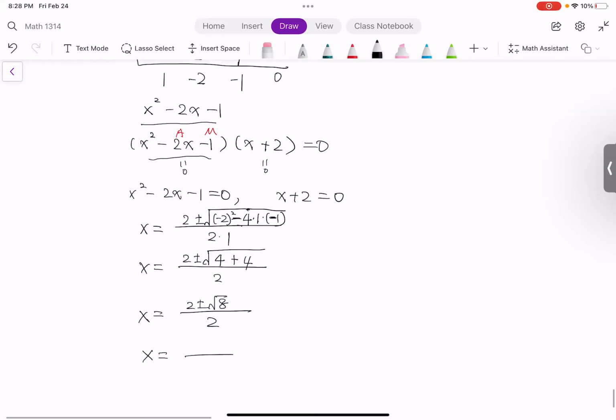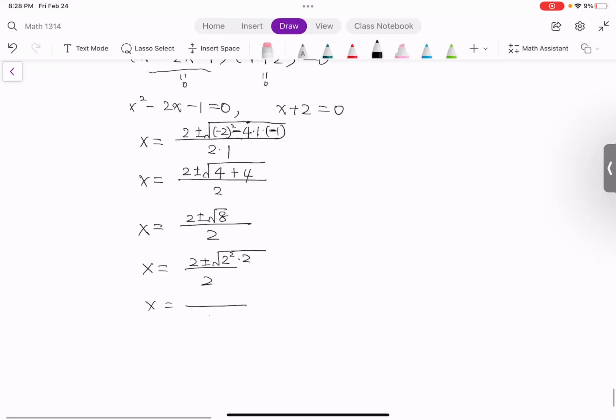Then we know that 8 equals 2 times 2 times 2. That's 2 squared times 2. So we can separate the radical sign. 2 plus or minus square root of 2 squared times square root of 2. x equals 2 plus or minus 2 square root of 2, the square root cancels with the square.